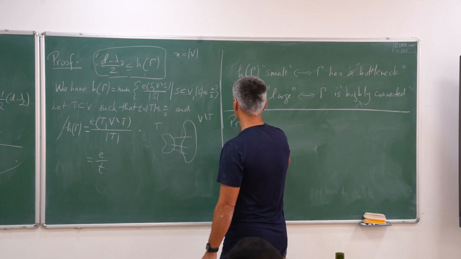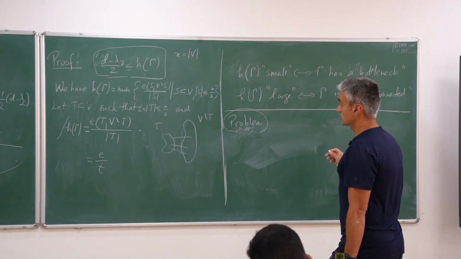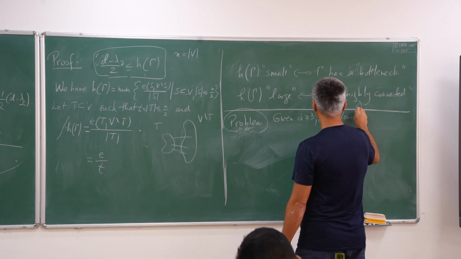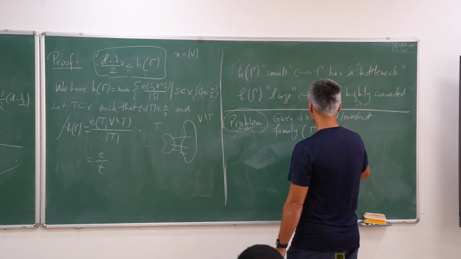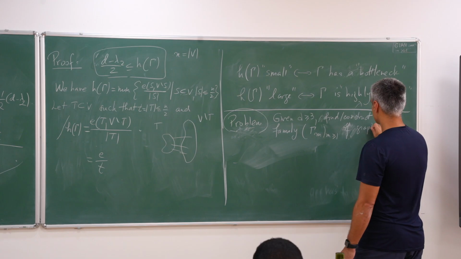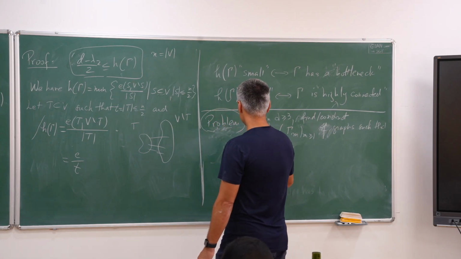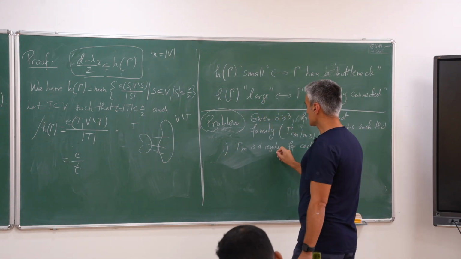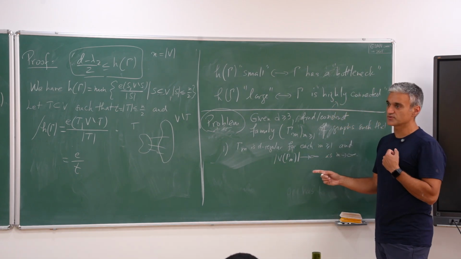So the big problem, the problem of interest, you can put dollar signs on it if you want, it's a big problem, is the following: given d greater or equal to 3, construct a family, let me call it gamma m, m greater or equal to 1, of graphs such that 1, gamma m is d-regular for each m, and the number of vertices in gamma m goes to infinity as m goes to infinity. So you want to find an infinite sequence of d-regular graphs with number of vertices going large.